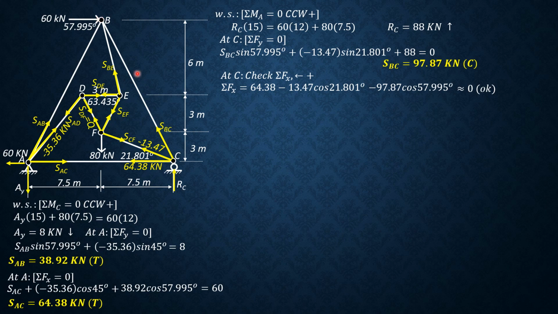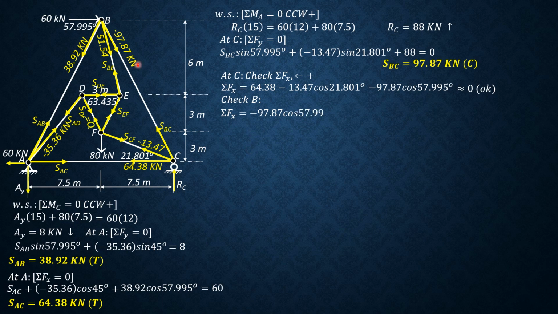All members have been found. So to really validate our answers, let's also check joint B. Although this is not part of the solution anymore, if you want to really check that all these forces are correct, then we must verify that B is in equilibrium. So summation forces X equals 0. These are the forces.